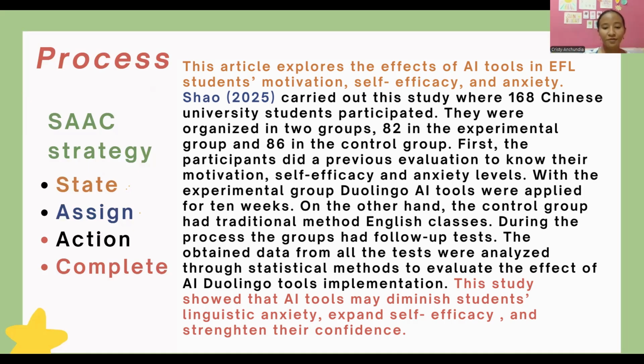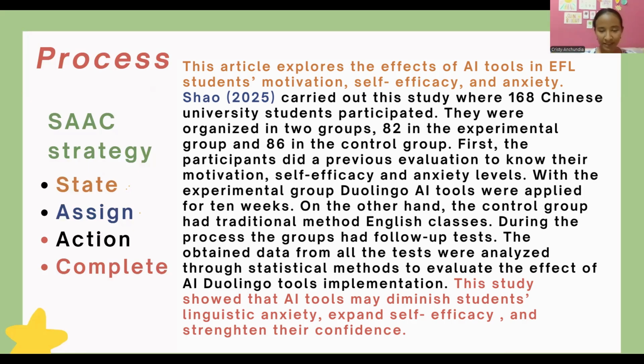The obtained data from all the tests were analyzed through statistical methods to evaluate the effect of AI Duolingo tools implementation. As you can see, this is the process that the author followed to have the results.